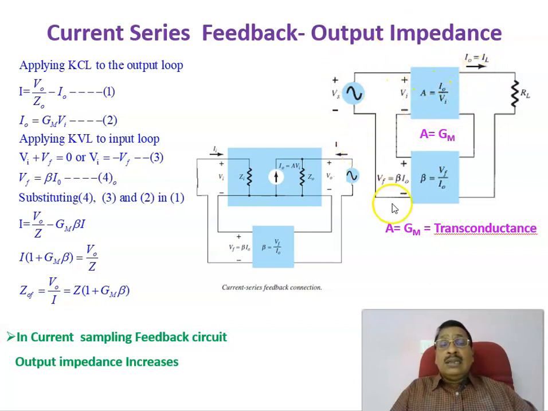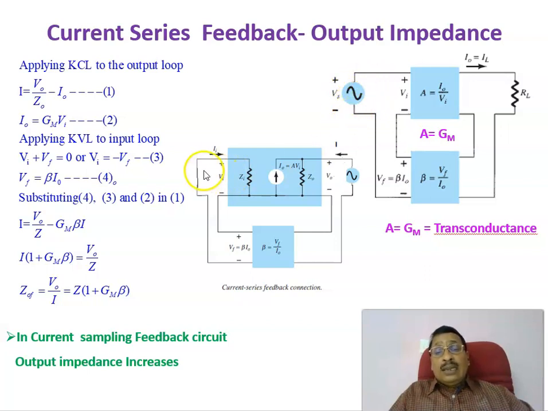So this is the block diagram of a current series feedback circuit. To calculate the output impedance, since the input is a voltage source, we have to remove it, that is, short circuit it. Therefore, on the input side we short circuit, and the feedback signal Vf is applied.